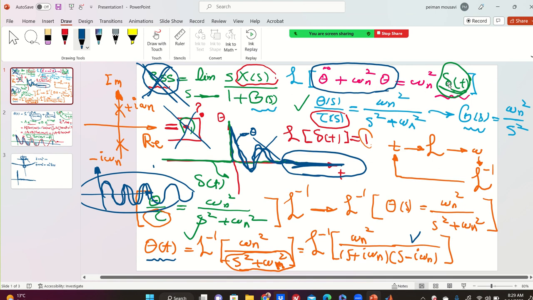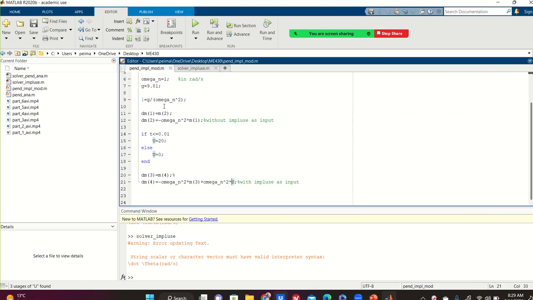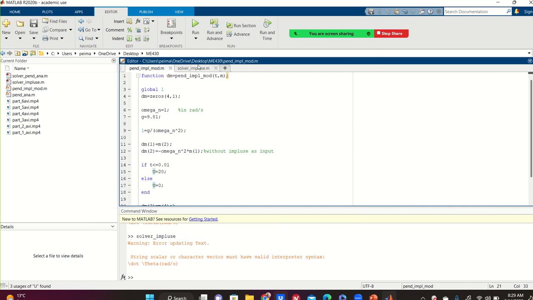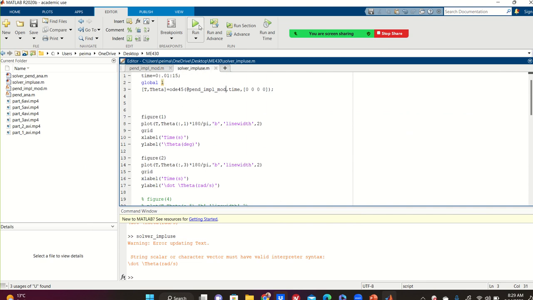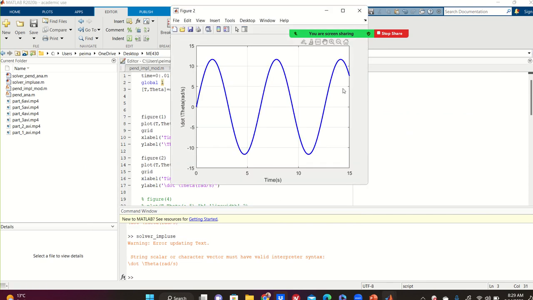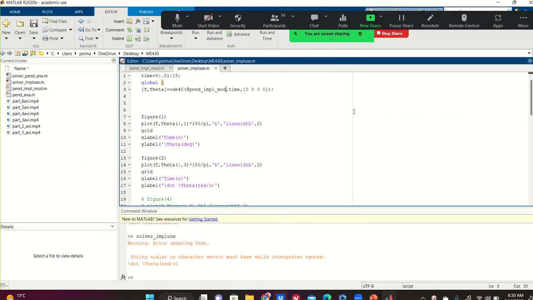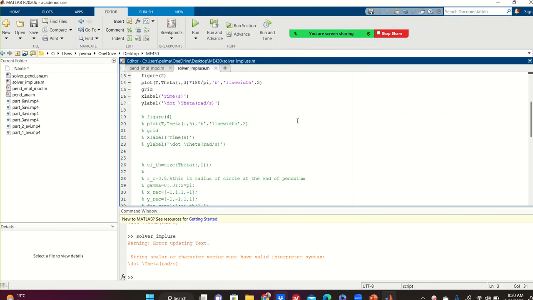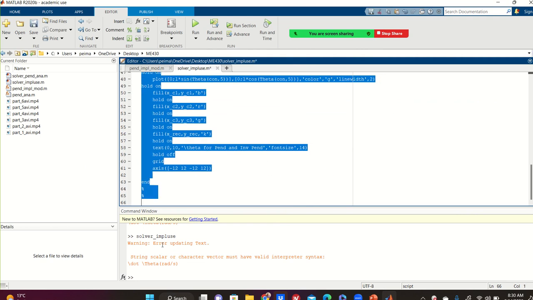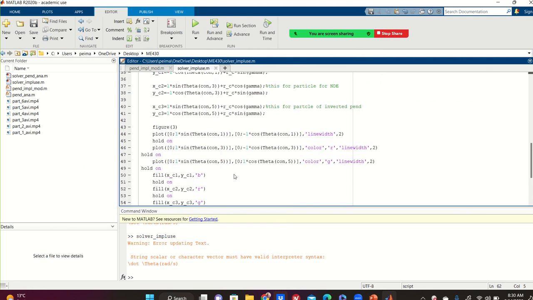See, omega n squared in u. It doesn't make a change because your omega n is 1 here. So here we go, and as expected, you see that there is no steady state error signal. Now, if I want to make a movie of that, you already have it. There we go, for comparing.